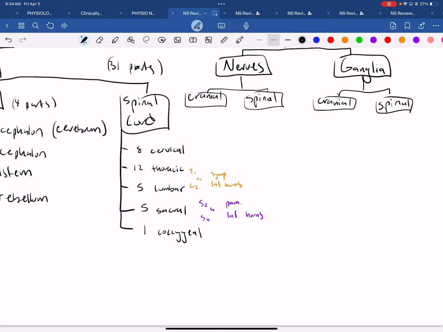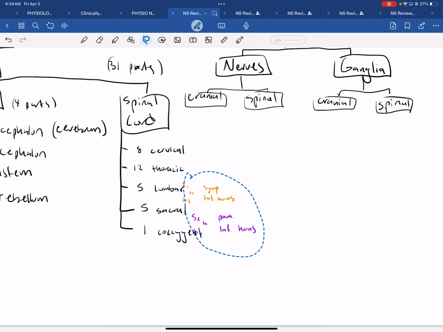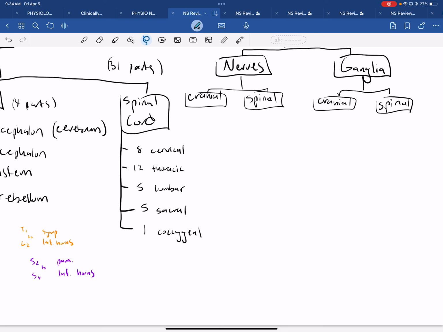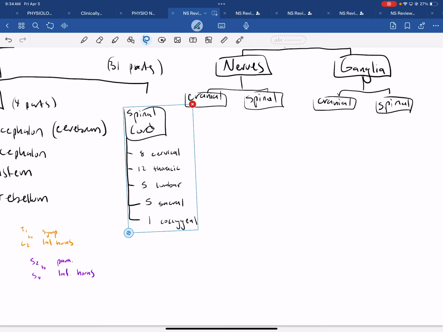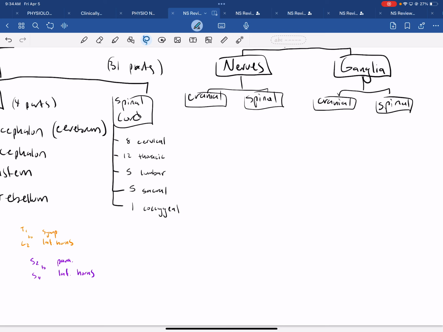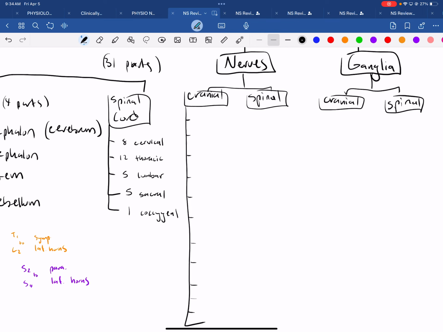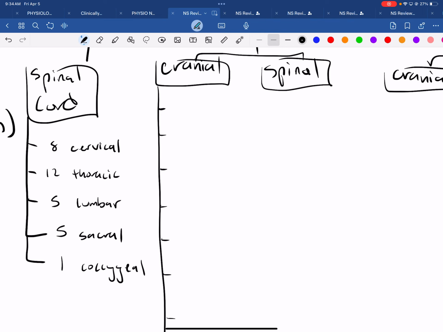For this one, I'm going to move this and maybe shrink that one, and we'll do a big thing. All right, so let's just write out the Roman numerals.